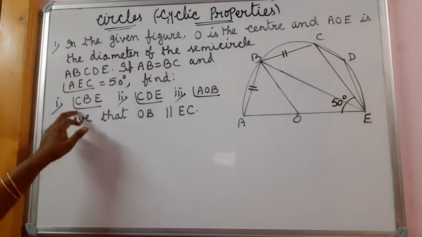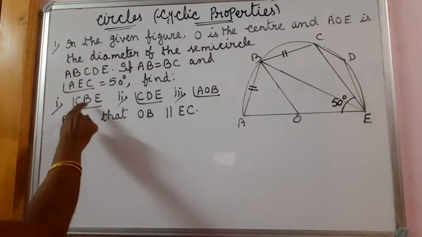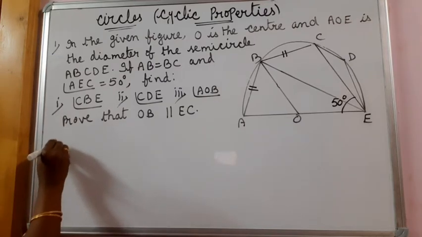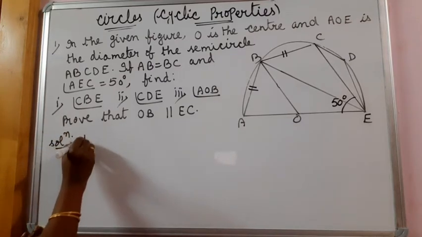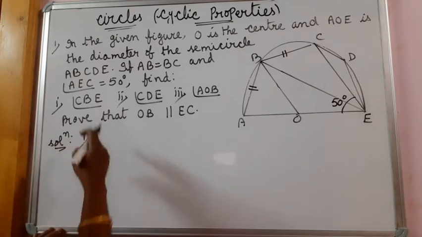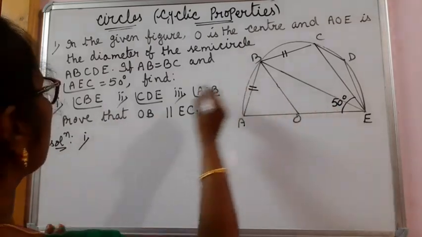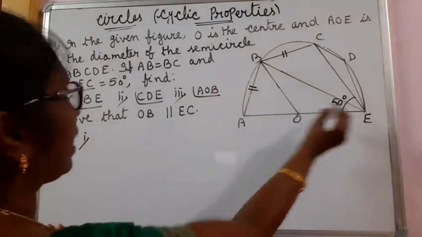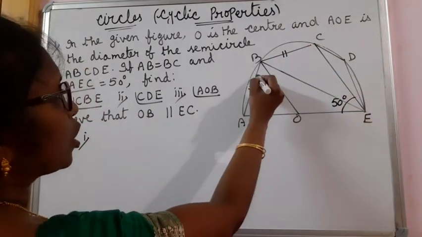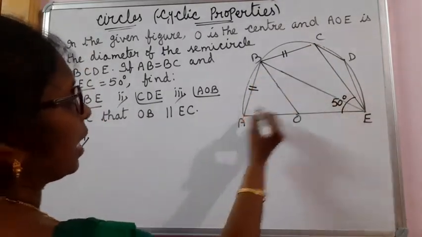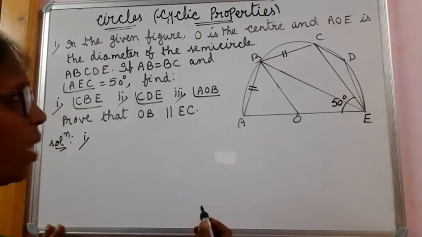Okay. Let us work out one by one. First let us work out the first bit. Solution. What is given is angle AEC is 50 degrees. AECB is a cyclic quadrilateral.